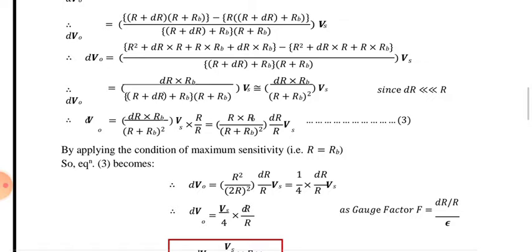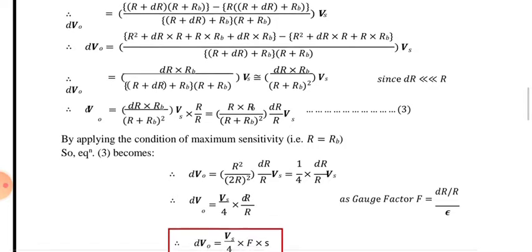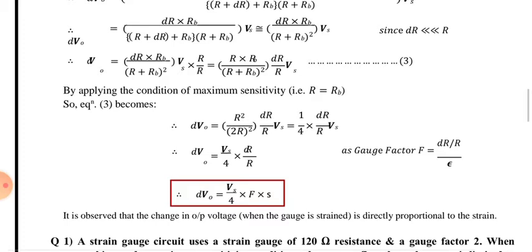As gauge factor equal to (DR by R) upon epsilon, instead of DR we can write F into epsilon. So DVO, that is change in output voltage, equal to VS upon 4 into F into epsilon. So it is observed that the change in output voltage when the gauge is strained is directly proportional to strain.